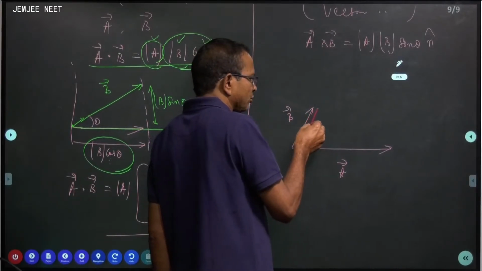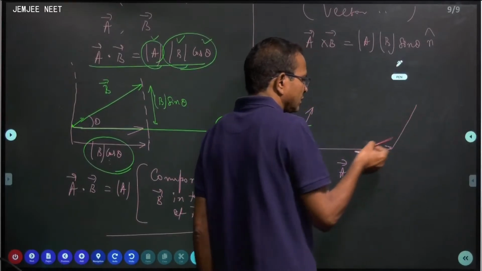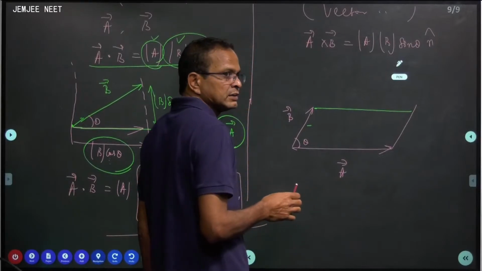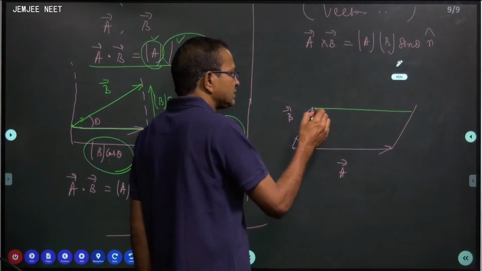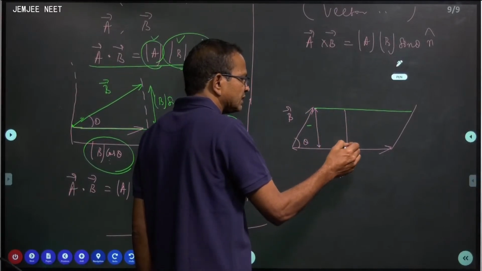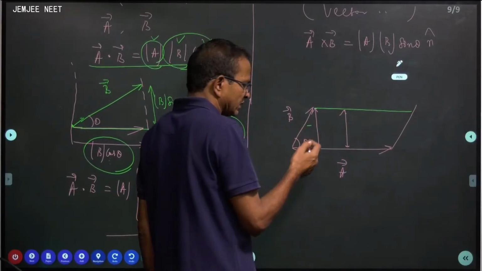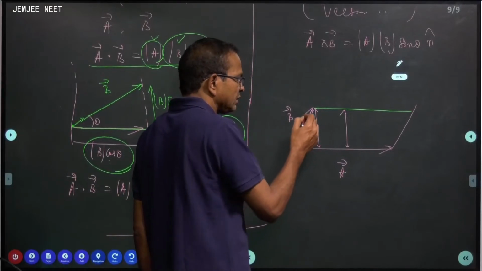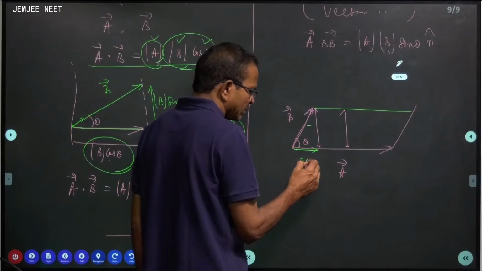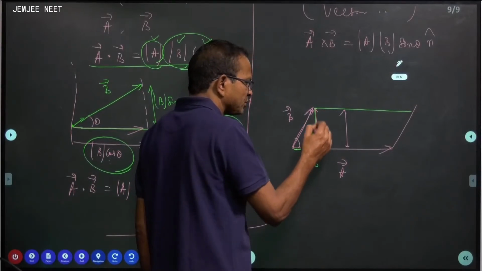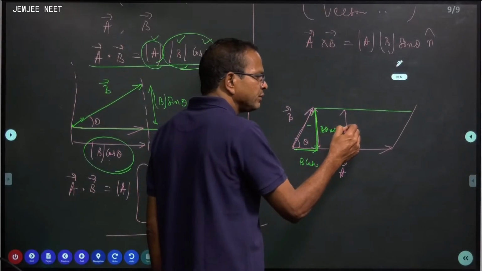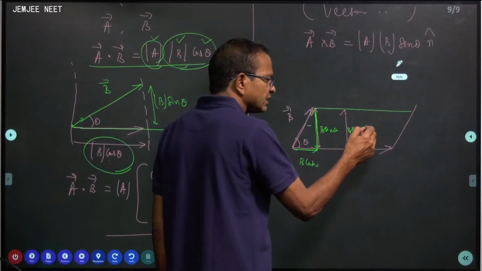Now draw parallel to B, and draw parallel to A. Now what is this opposite side? This is theta, this is B. So how much is this? B cos theta. And this? B sin theta.